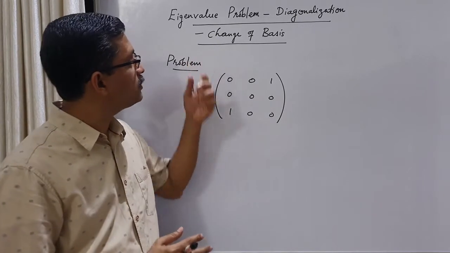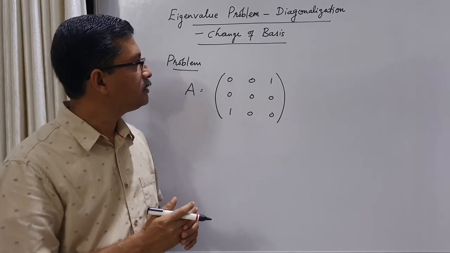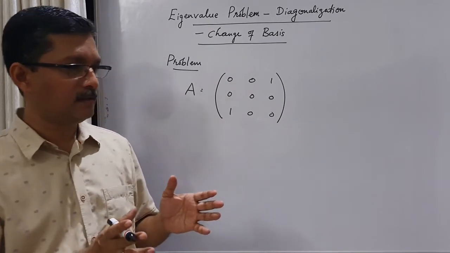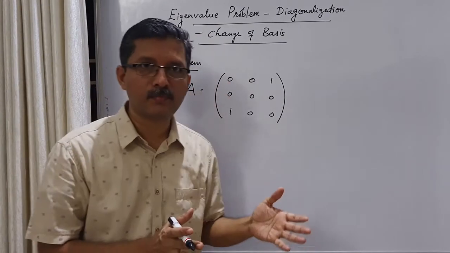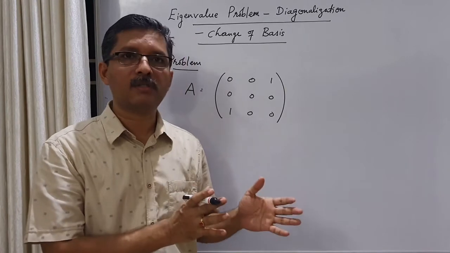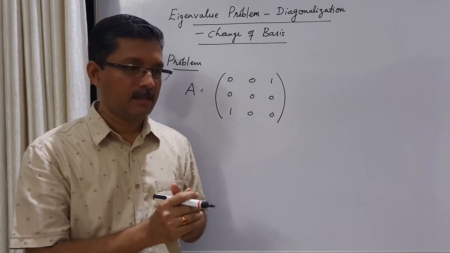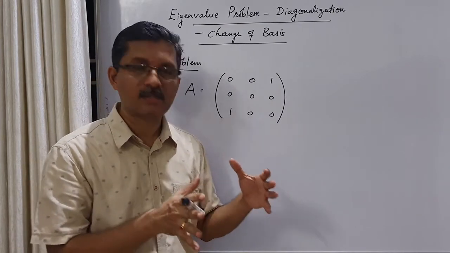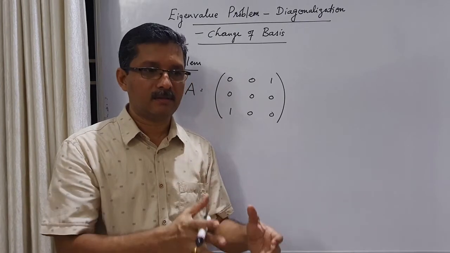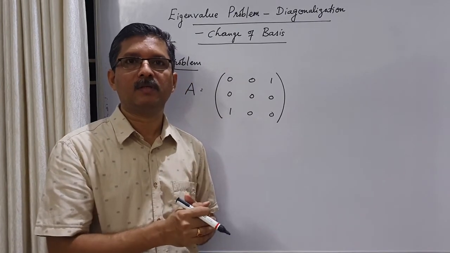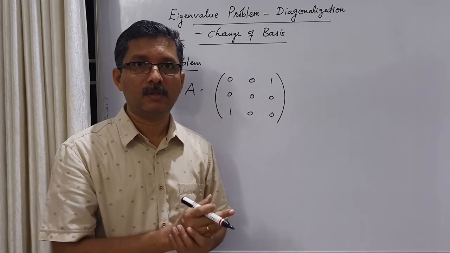In the context of diagonalization, we have seen that diagonalization is a change of basis, and for this you have to construct a unitary operator. Each column of the unitary operator must be the eigenvector of the operator which we want to diagonalize.